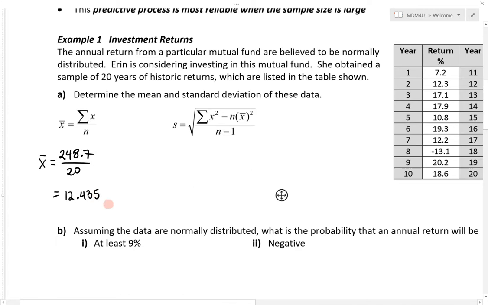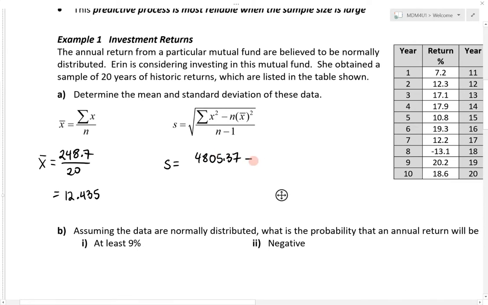And that gives us a mean value of 12.435%. The standard deviation, similarly, if I follow the formula, it's going to be the sum of x squared. I should say, when you square all the return percentages and then add them together, that's what you get, 4,805.37.